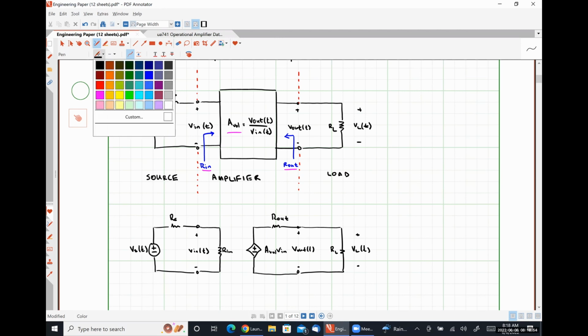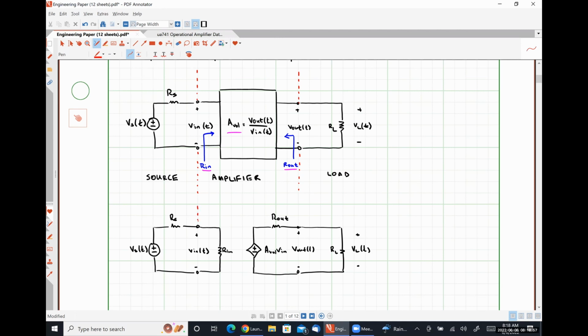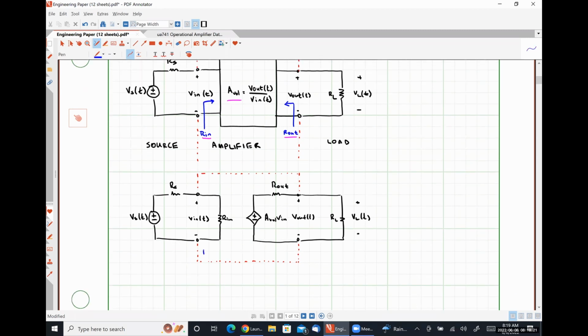And I'm going to put a box around this bit here in the middle and give it a name. This is what we are going to refer to as our practical amplifier model.